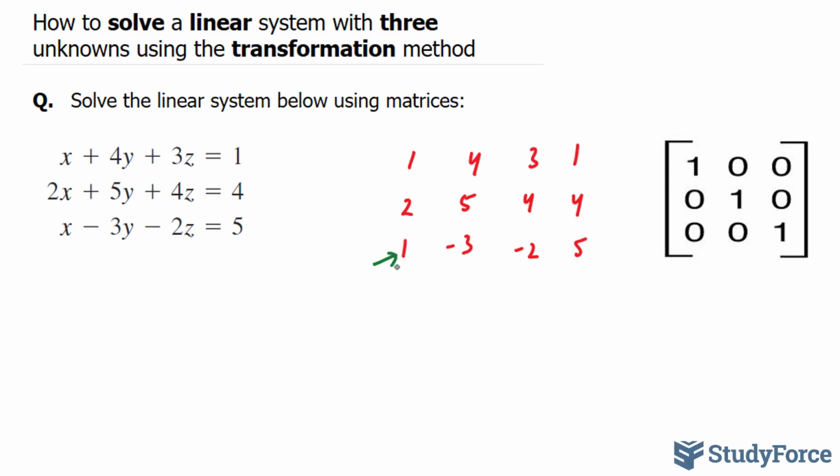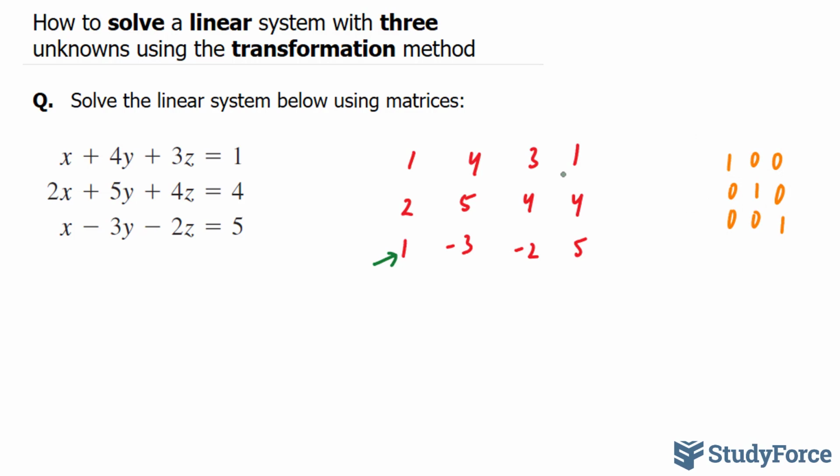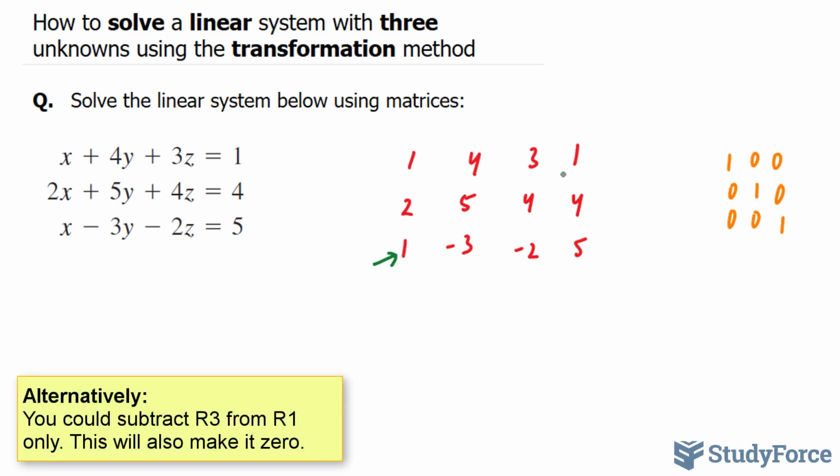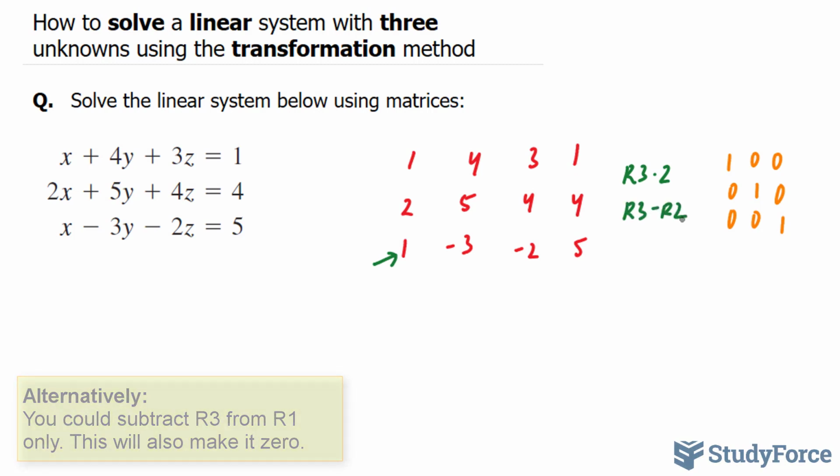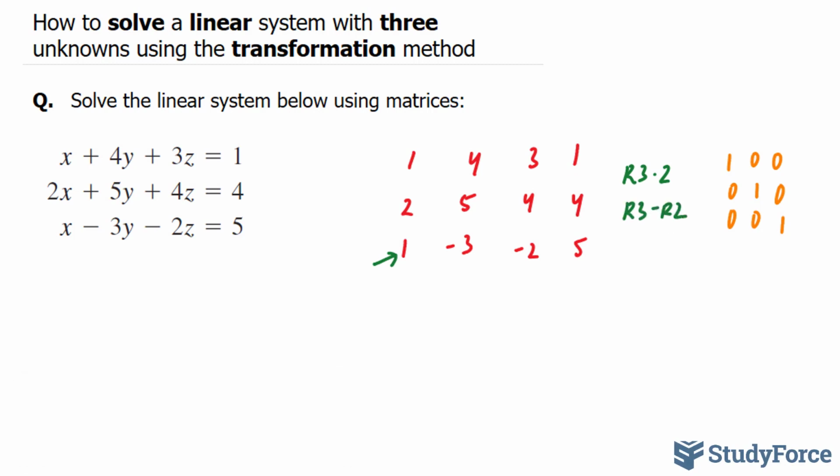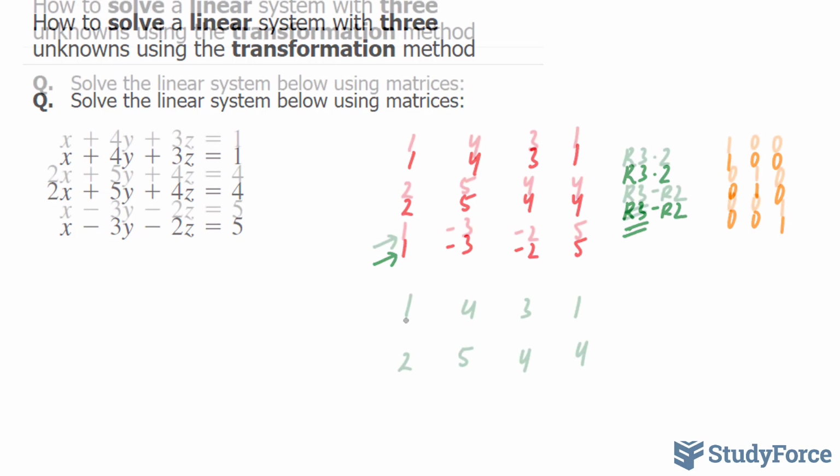To make this into a 0, I need to multiply row 3 by 2, then subtract row 3 from row 2. So let's document that. Row 3 times 2, row 3 minus row 2. Since only row 3 will be amended, rows 1 and 2 will remain unchanged. So let's rewrite those.